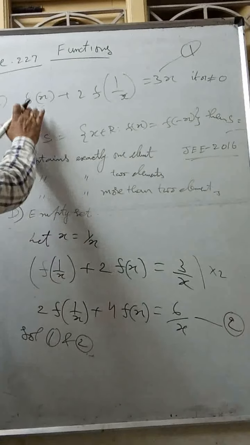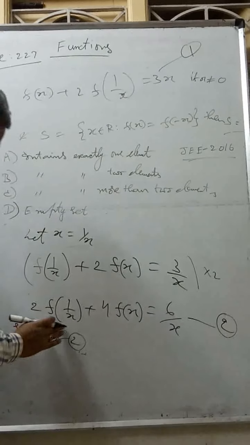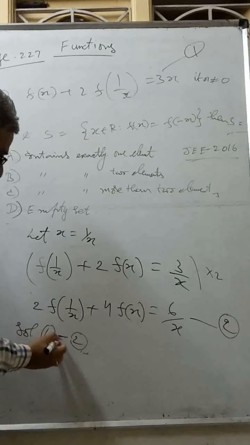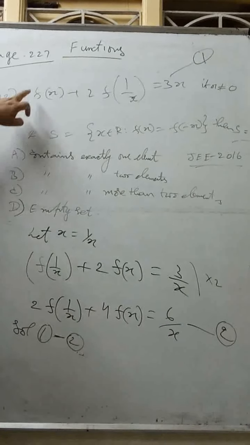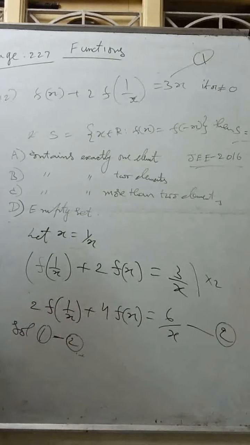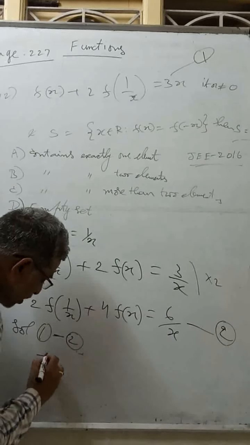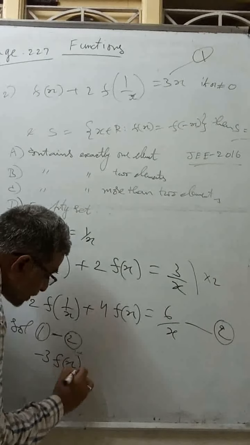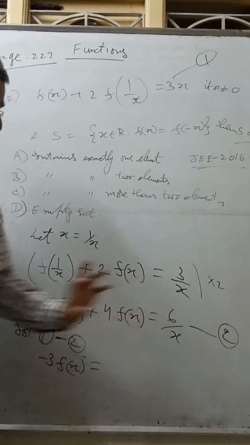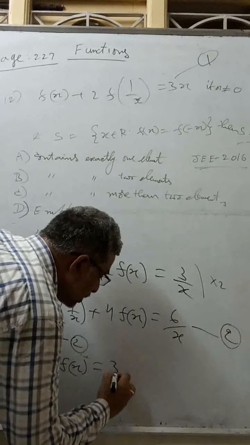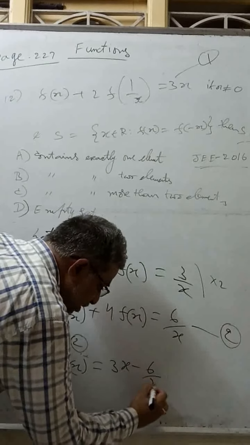So f of x minus 4 into f of x becomes minus 3 into f of x equals 3x minus 6 by x.